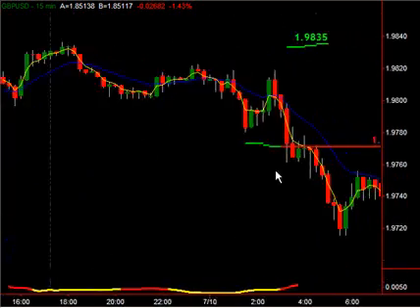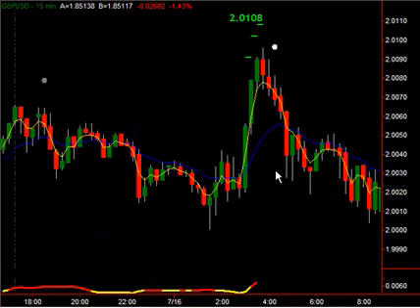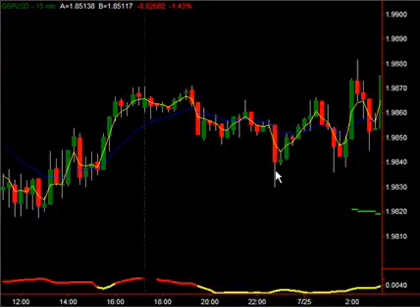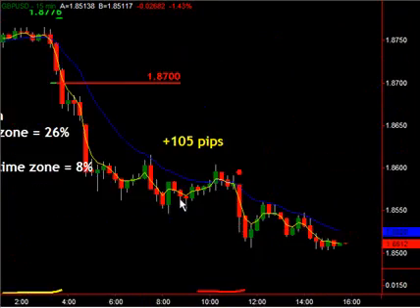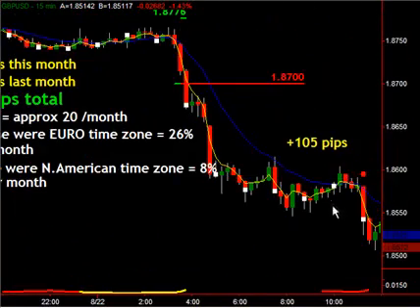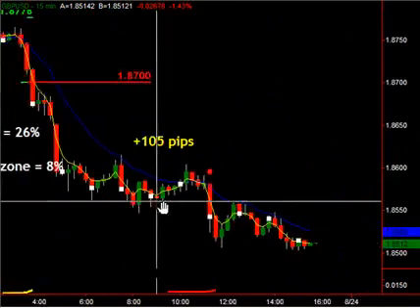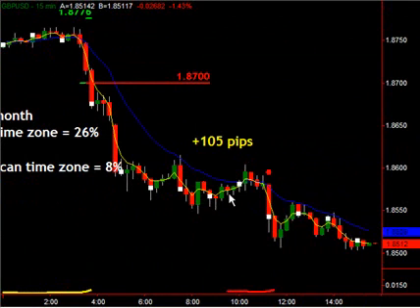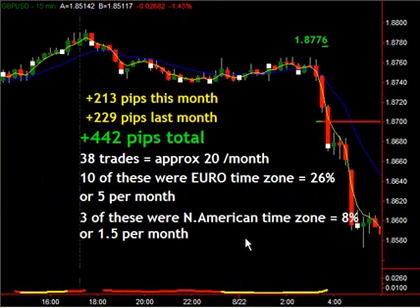I'll pan right all the way to the very end for the last 2 months. And if we go right to the very end, on the last trade here that just occurred yesterday, 105 pips exiting on that EMA crossover. And now I've created a summary here.